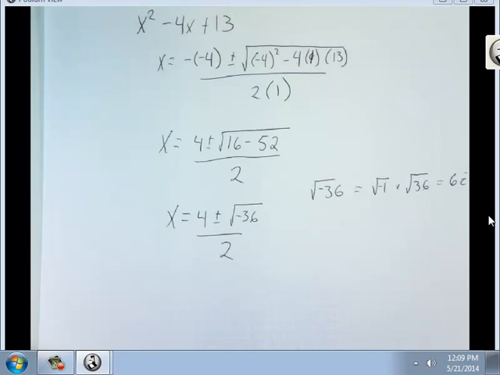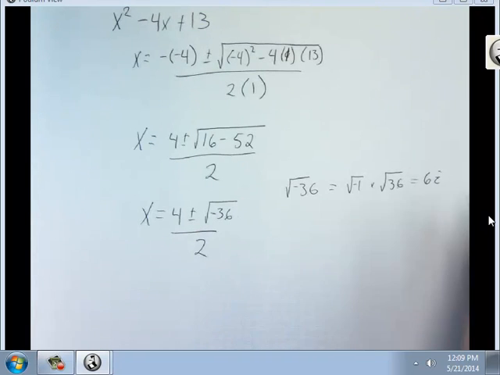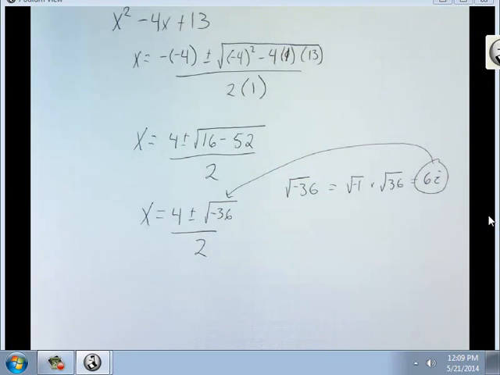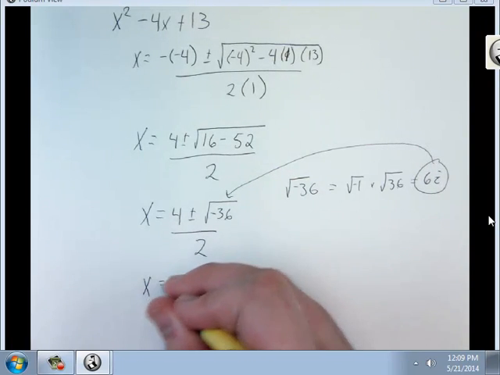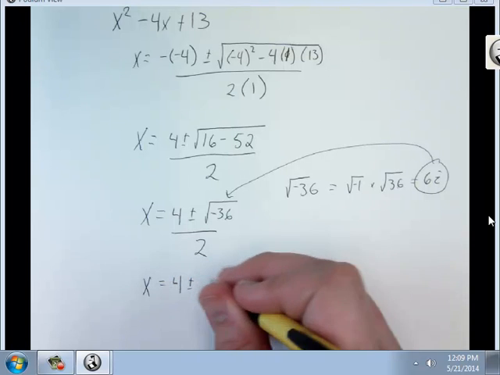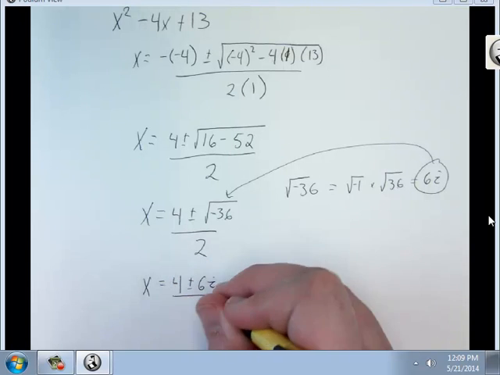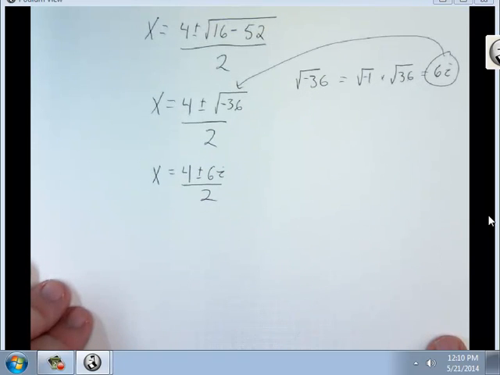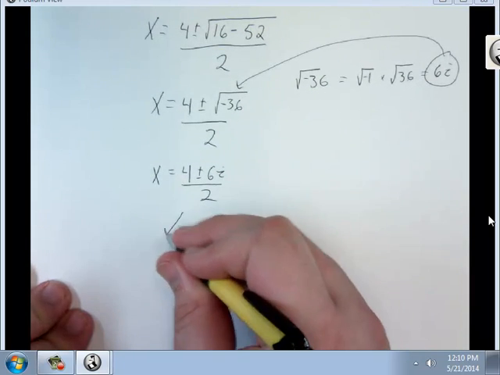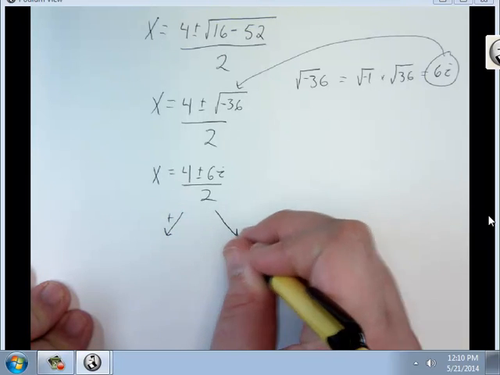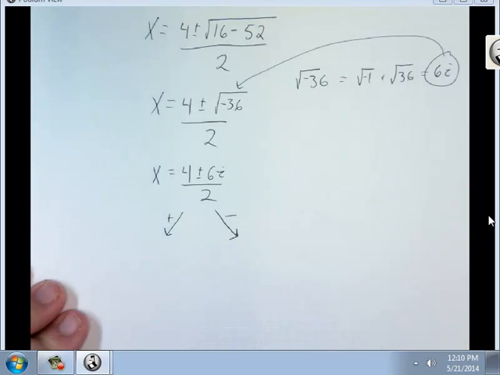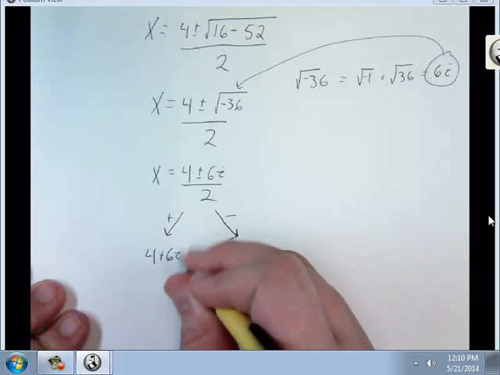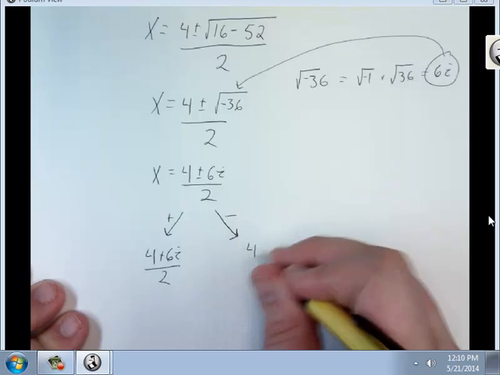So I take this, sub it in there, and I get x equals 4 plus or minus 6i all over 2. I get 4 plus 6i over 2 and 4 minus 6i over 2.